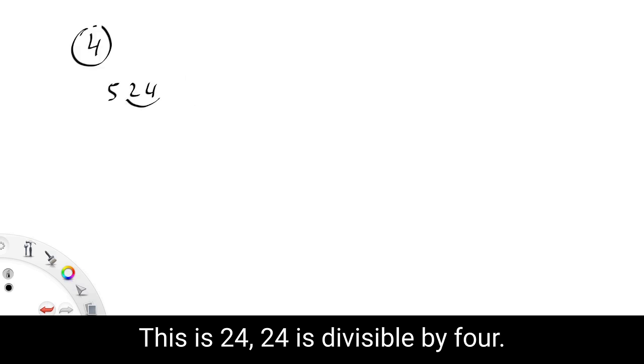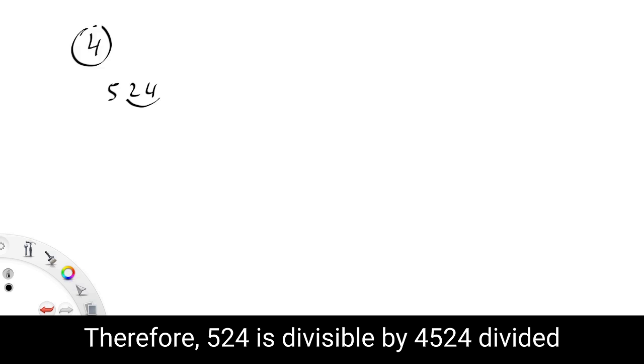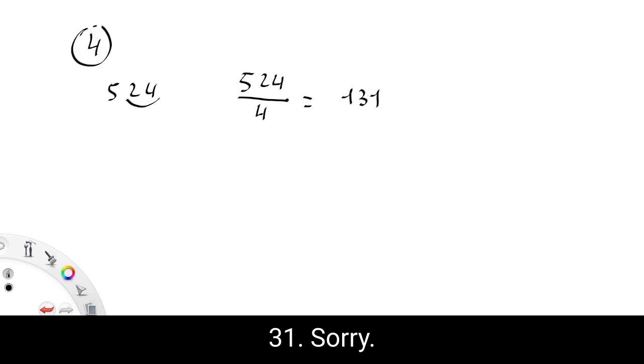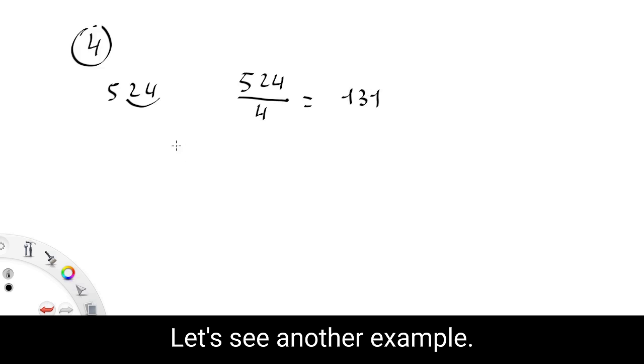This is 24. 24 is divisible by 4. Therefore, 524 is divisible by 4. 524 divided by 4 is equal to 131.